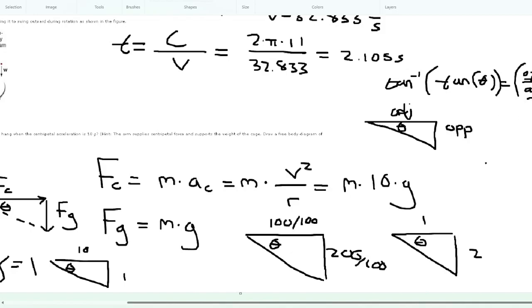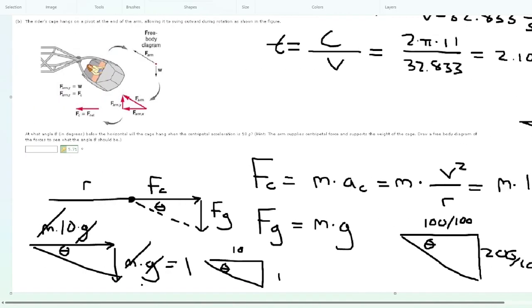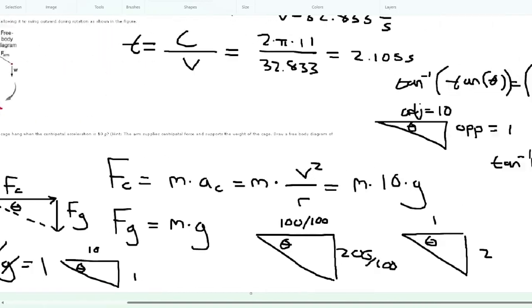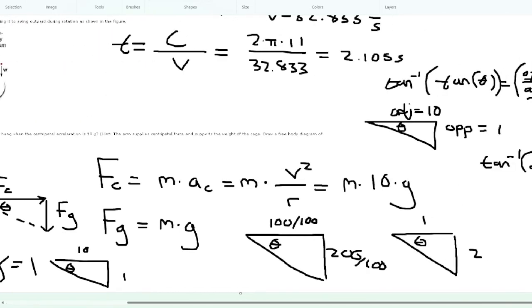Tangent inverse of opposite over adjacent is going to give us this angle right here. Our opposite side is equal to 1, and our adjacent side is equal to 10, if you remember right here. So we do the inverse tangent of 1 divided by 10.